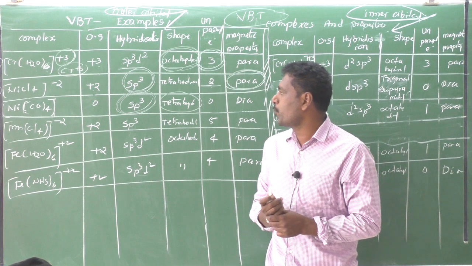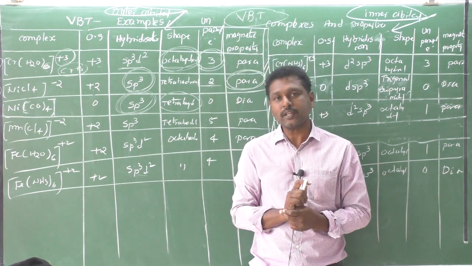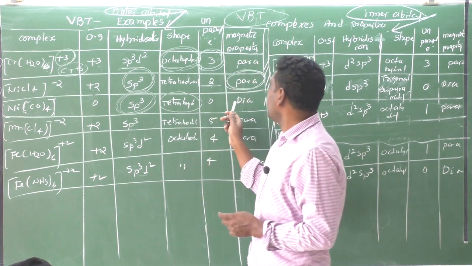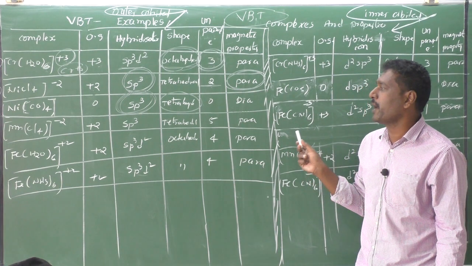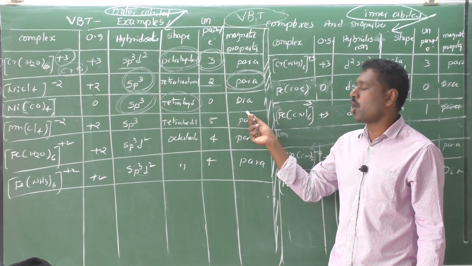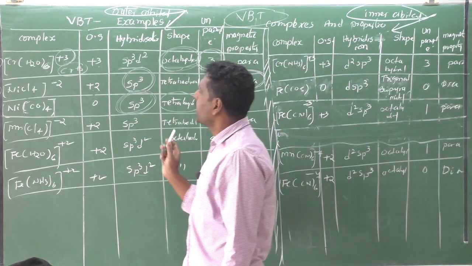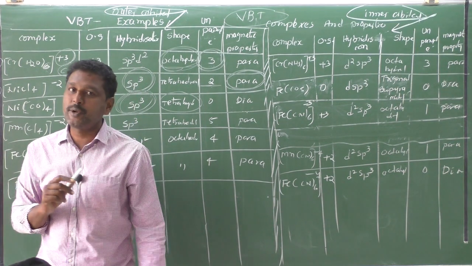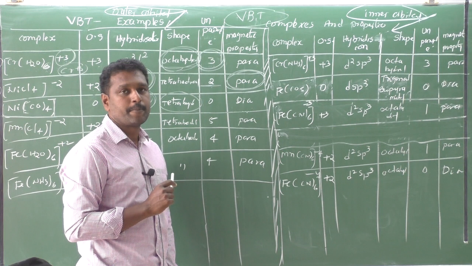In metal carbonyls, the oxidation state of the metal is 0. Therefore, it is diamagnetic in nature. Diamagnetic means it doesn't have any unpaired electrons. Therefore, metal carbonyls are diamagnetic in nature. It is also explained by VBT, valence bond theory.